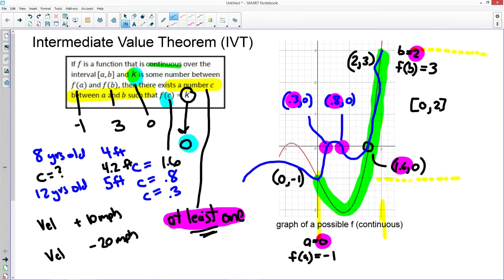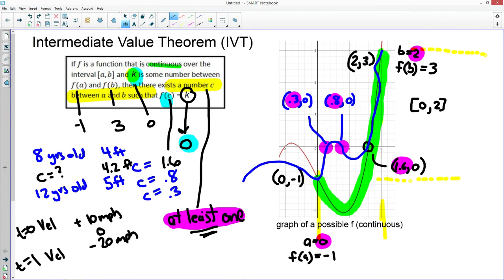You may have done a U-turn, but my point is your velocity must have been 0 at some point. So there has to be a time when that happens. If this was your starting time and this was an hour later, somewhere between the 0 hour and the 1 hour you must have had a zero velocity, even if it was for a second.